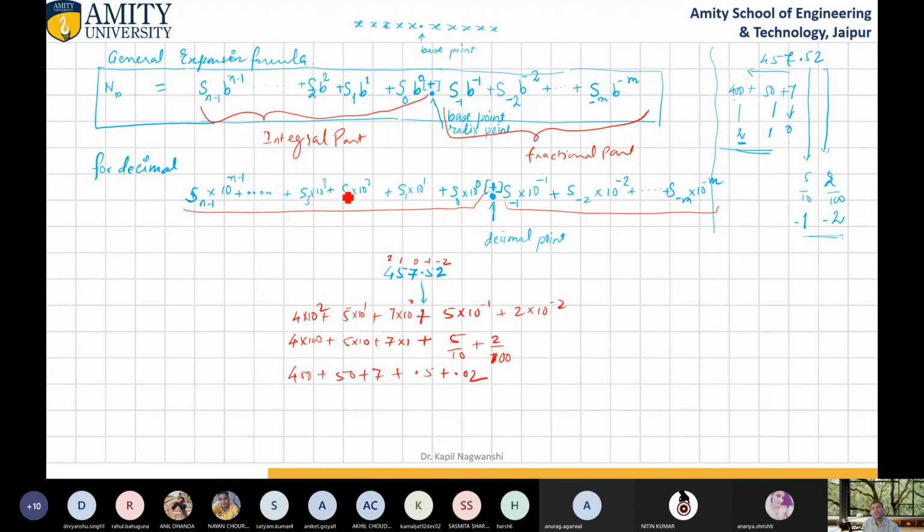So this is the way you can use this formula, and you must remember that in whatever number system it is written, if we expand, this formula will always produce a decimal number, always. चाहे कोई भी नंबर सिस्टम में आप कर रहे हो, ये डेसिमल ही प्रोड्यूस करेगा.